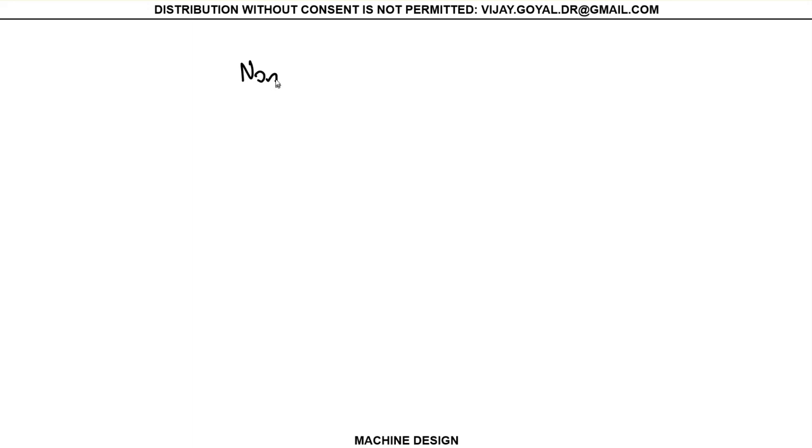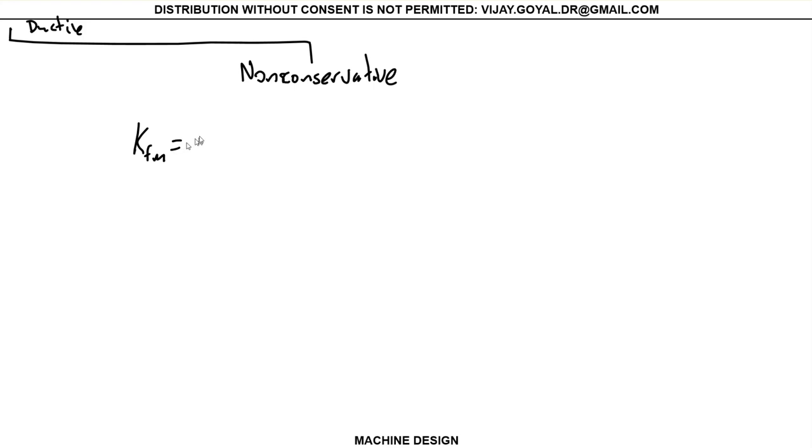For the non-conservative case, and again, this is for ductile materials, we are just expanding here, just need more space. So KFM is going to equal KF, what you get from the tables, if KF times the absolute value of sigma max, this is nominal, is less than sigma yield.